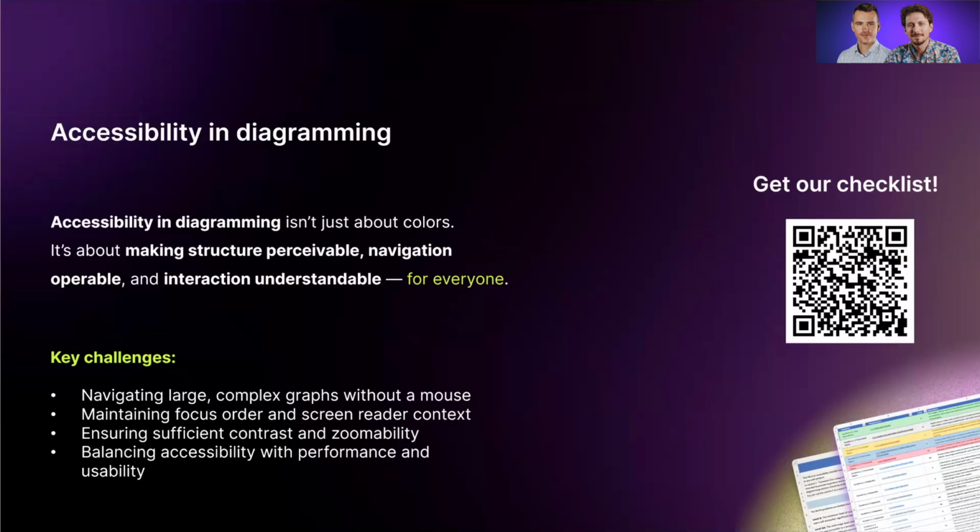Out of other challenges, things like maintaining focus order and screen reader context. Once again, quite a difficult topic, but quite useful, especially for impaired users. And assuring sufficient contrast and zoomability.